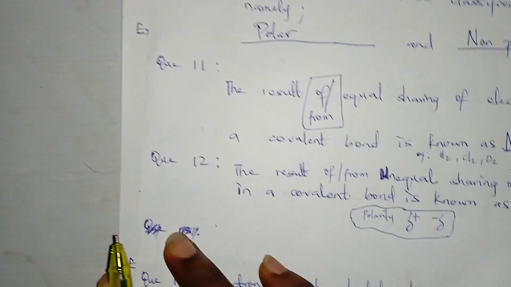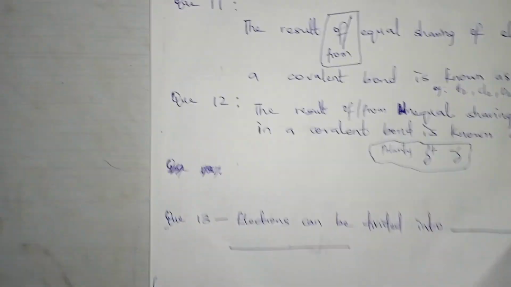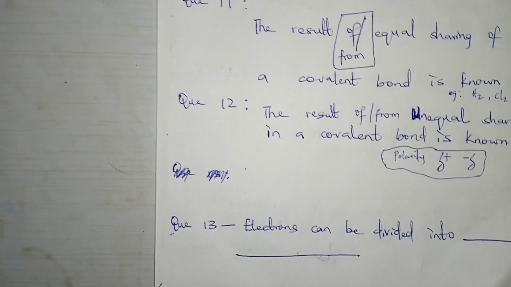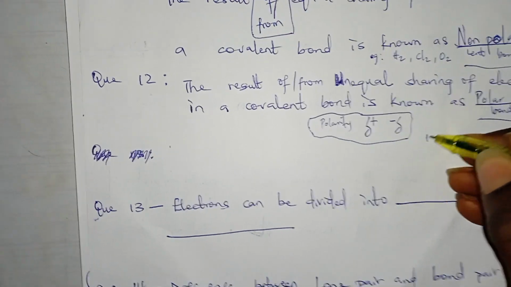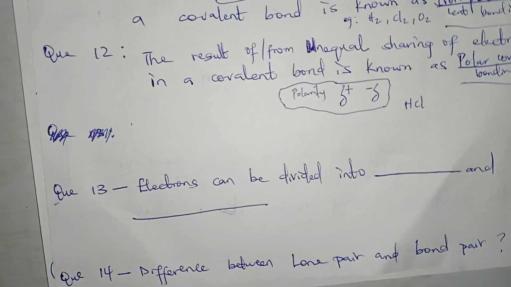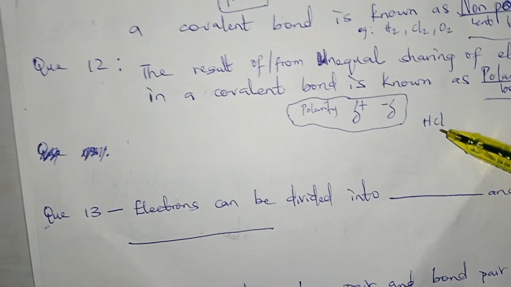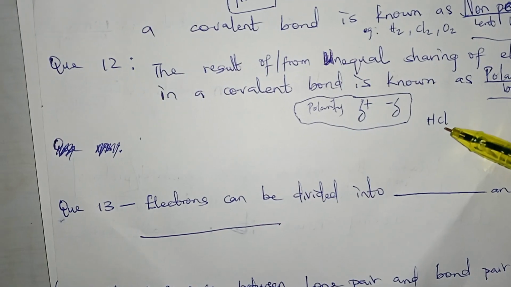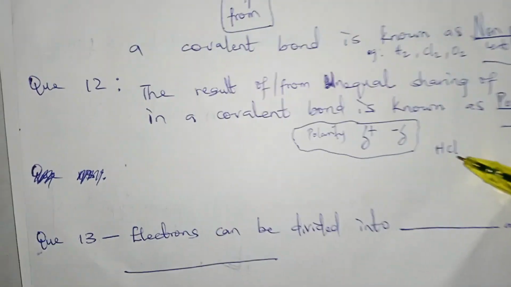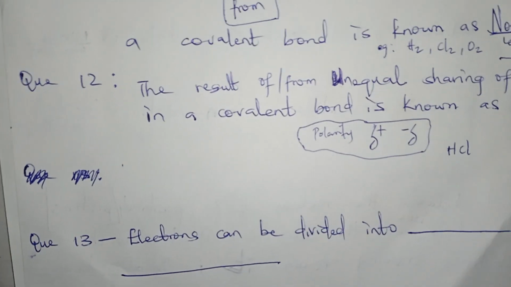Now, an example of a polar covalent bond is, for example, when I have HCl. Notice that in HCl, I have 7 electrons in the outer shell of chlorine and just 1 for hydrogen.